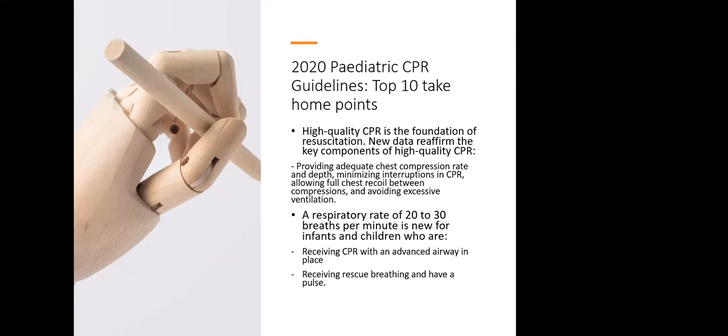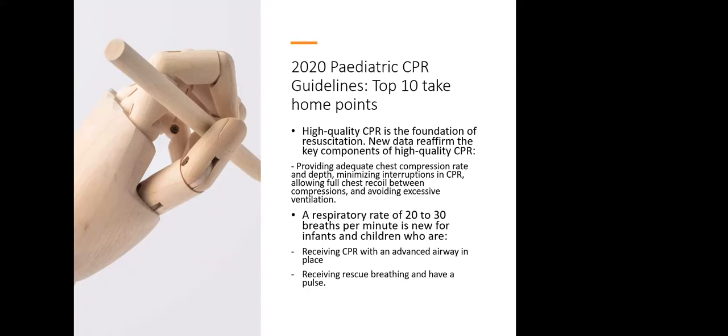All right, providing adequate chest compression rate and depth, minimizing interruptions in CPR, allowing full chest recoil between compressions, and avoiding excessive ventilation. So this is one of the take-home points from the 2020 guideline.